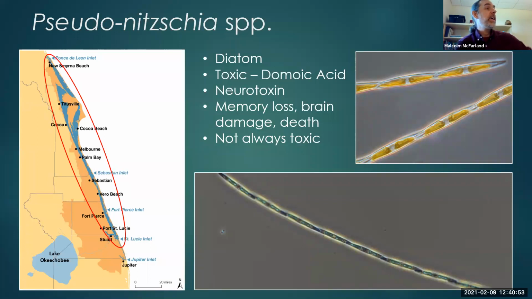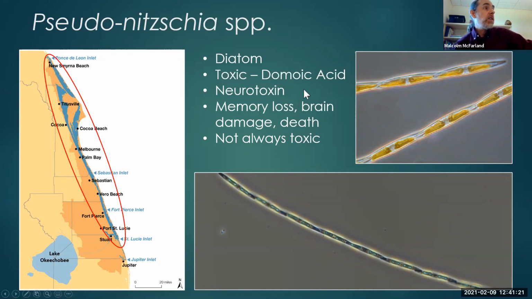But unlike some of the others also, it's not always toxic. So this may or may not produce toxin depending on the species or depending on its particular physiology at the time. So not only are we interested in figuring out if this particular algae is there, but also what physiological conditions lead it to produce toxin.